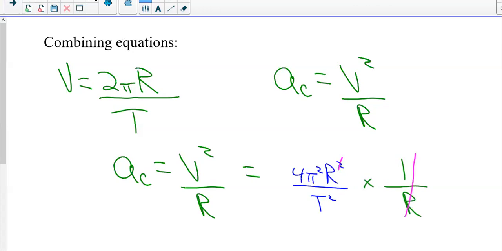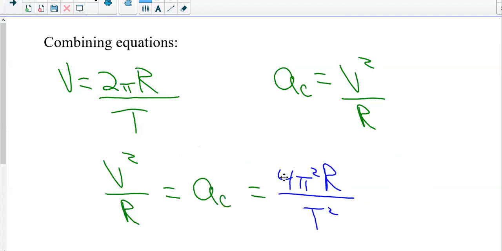You can cancel those, and you're left with a different equation for your centripetal acceleration based on the radius of your curve and the period to go around 1 complete revolution, to be 4 pi squared times the radius divided by period squared, or about 40-ish, 39 times your radius divided by your period squared. But of course, use your calculator for that.